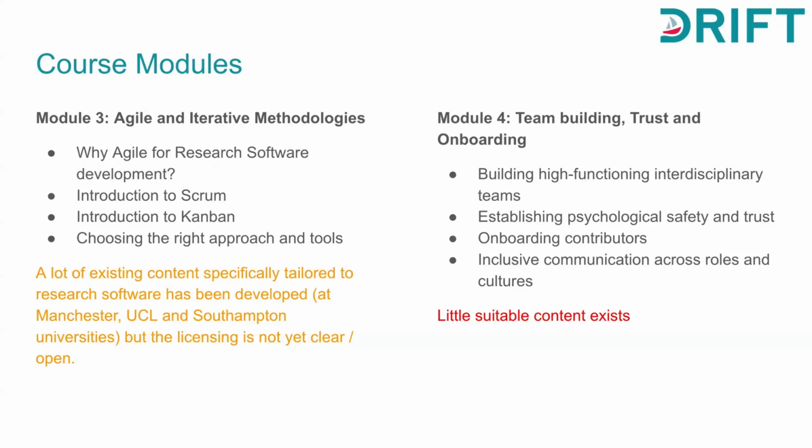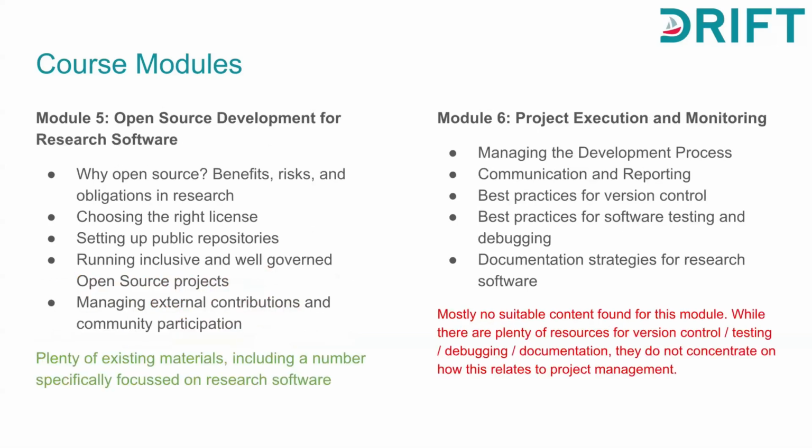There are a lot of things out there, and increasingly there are specific versions of this for the research software engineering community. However, a lot of this is not yet openly licensed. Module 4 on team building, trust and onboarding. This is where we see, again, a lack of information, and we'd want to see more resources being developed.